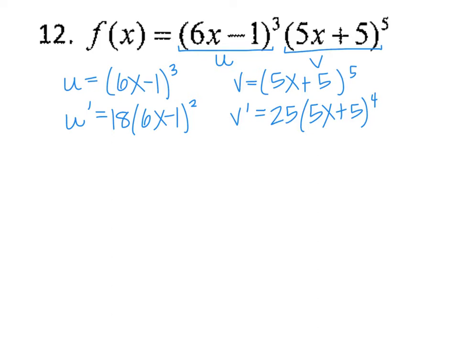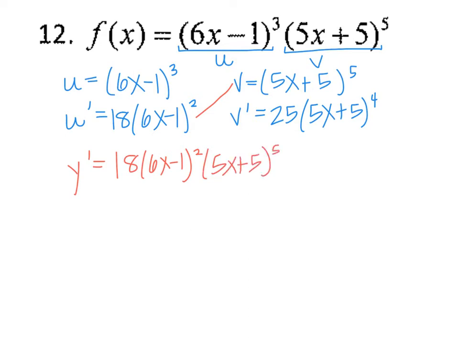Now, to find my derivative, I'm going to multiply. So y prime is equal to 18 (6x minus 1) squared times the quantity (5x plus 5) to the fifth, plus, multiplying those two, I get 25.